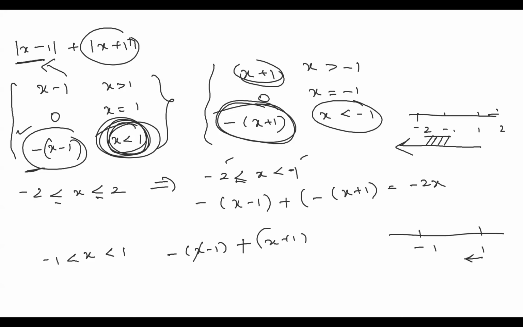Then minus x and plus x will get cancelled. Minus of -1 is +1. +1 plus 1 is 2.